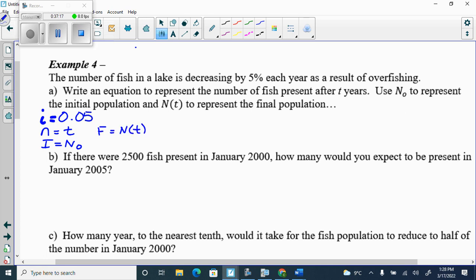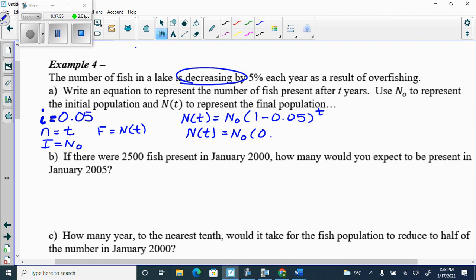And we know it's decreasing, so we know we have to subtract. So we're going to get final, which is N of T, equals initial, which is N of O, 1 minus 0.05 to the T. So we're going to get N of T equals N sub O, 0.95 to the T.